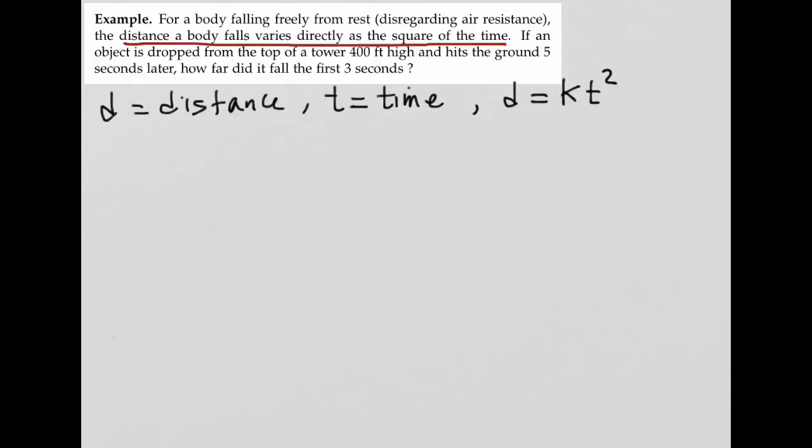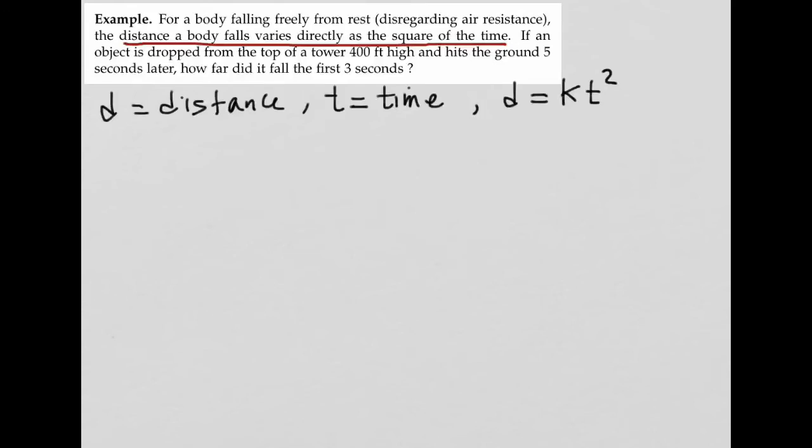Now, if an object is dropped from the top of a tower 400 feet high, it hits the ground 5 seconds later. So this means when d is 400, t is 5. They give us this information to find k.